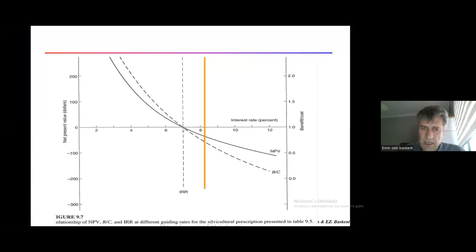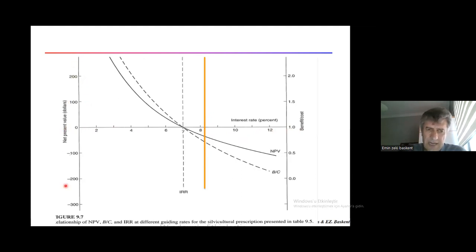Okay, among the criteria that we have used, there are some relationships. So I wanted to show you graphically the relationships so that you can grasp the similarities and differences among them easily. The x-axis shows the interest rate, starting from 0 and going up to 10, 12, 13, whatever.